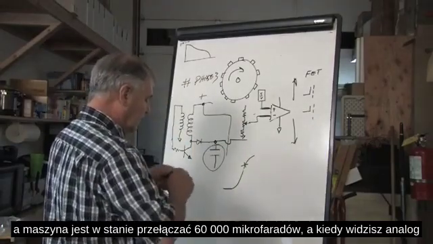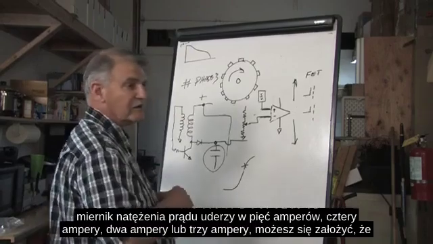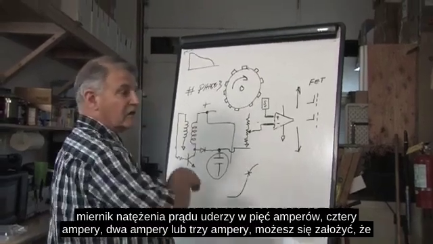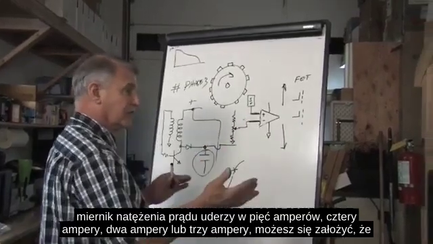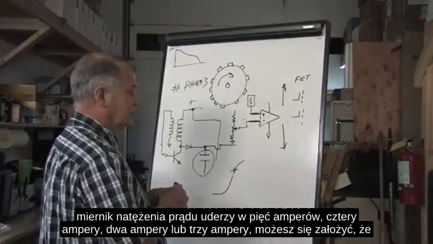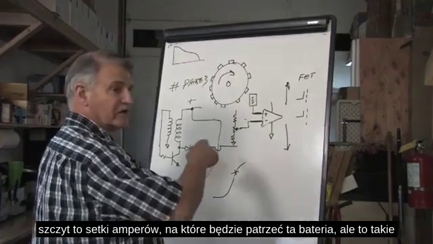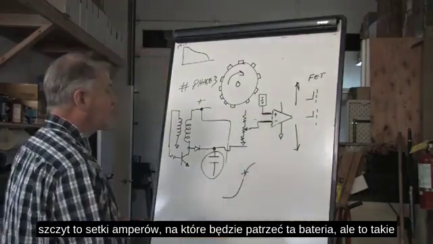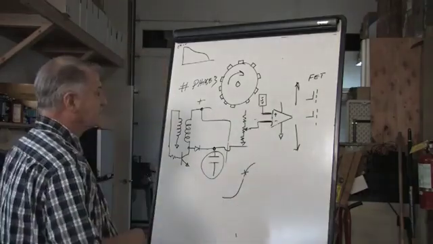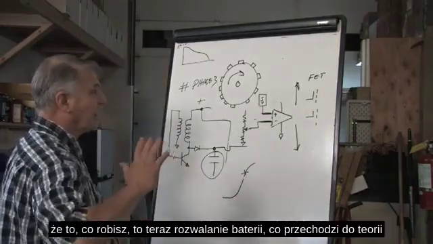And when you see an analog amp meter hit 5 amperes or 4 amperes or 2 amperes or 3 amperes, you can bet that the peak is in the hundreds of amperes that battery is going to look at. But that's such a low impedance that what you're doing is you're whacking that battery.